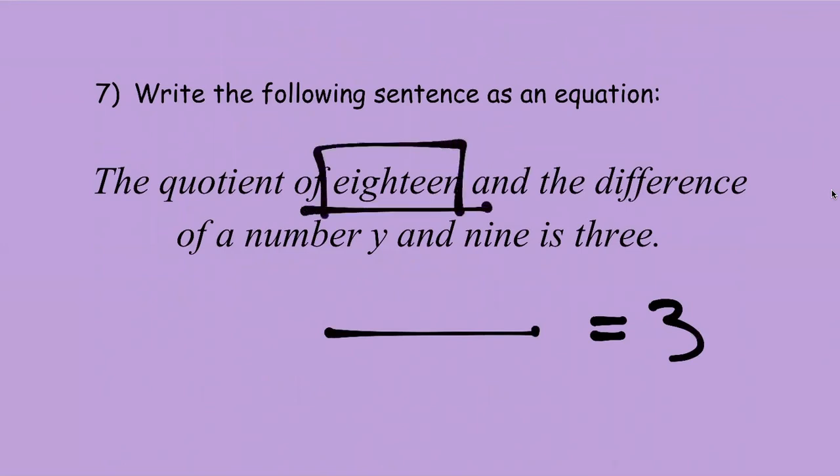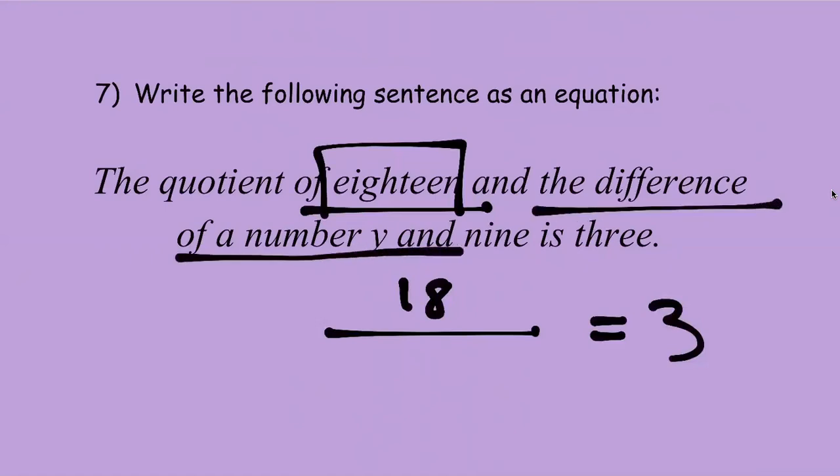My top number is 18. And my bottom is going to be a compound term. So there's going to be more than one thing in there. And it's going to be the difference of a number y and 9. So remember how that works, right? Difference of a number y and 9. So you would just have y minus 9. So the quotient of 18 and the difference of a number y and 9 is 3.